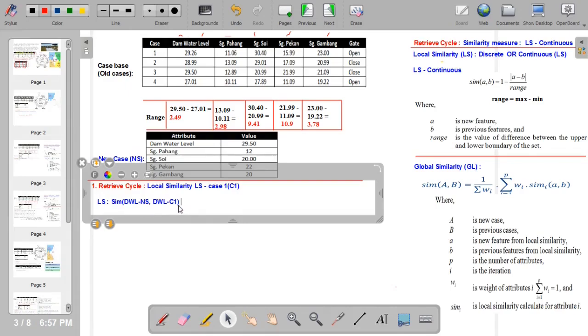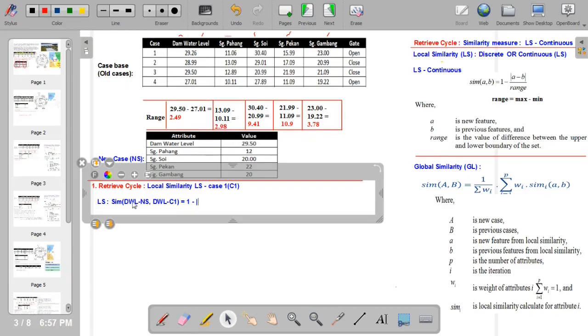Then this is equal to 1 minus the absolute value of A minus B, right? A is representing the attribute value of the new case.